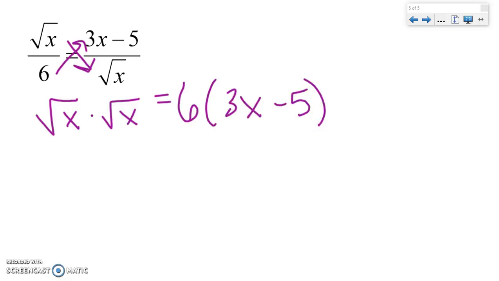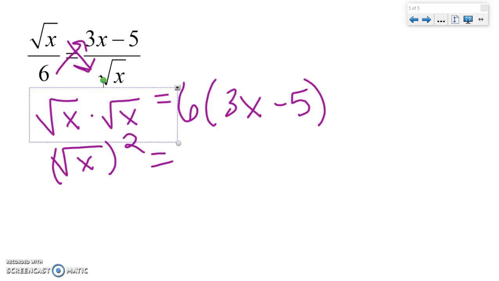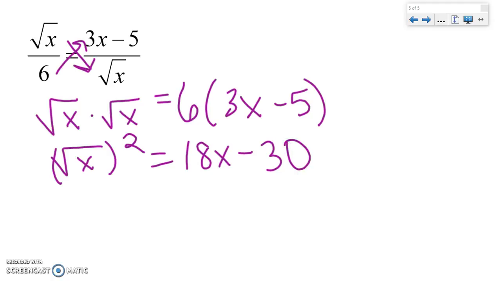So the square root of x times the square root of x is like taking the square root of x and squaring it, because I have 2 of the same thing. In this case, it's the square root of x. And I'm going to distribute the 6 over here, so I have 18x minus 30. The square root of x squared leaves me with x.